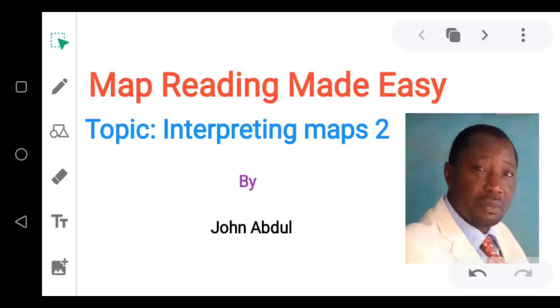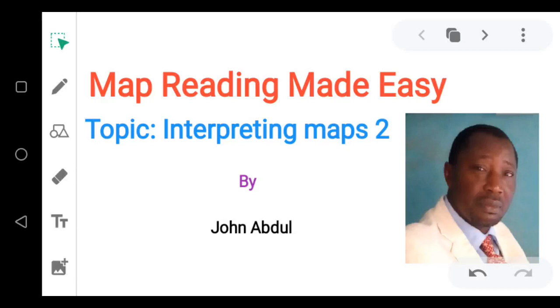Today we are going to continue with our topic, interpreting maps. In my last lesson, we started by looking at some simple interpretations of maps.